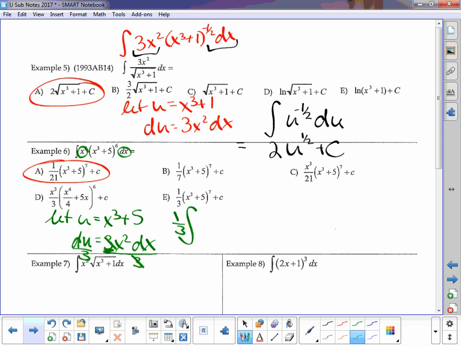Either way, then we have u to the 6th du. Do we agree with that? Anyone not good on that, or on that integral u substitution? Good? Okay. So then when we did our antiderivative, we had u to the 7th over 7 times 1/3. So that gave us the 1/21st, and then our u substitution. Questions on that? Okay.